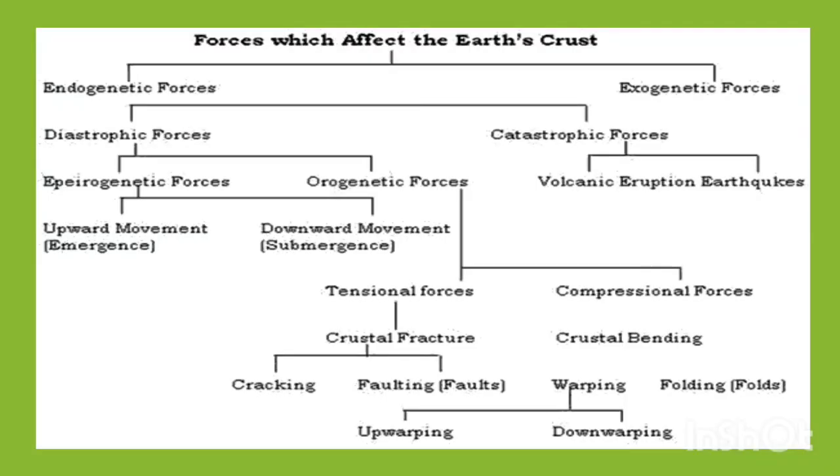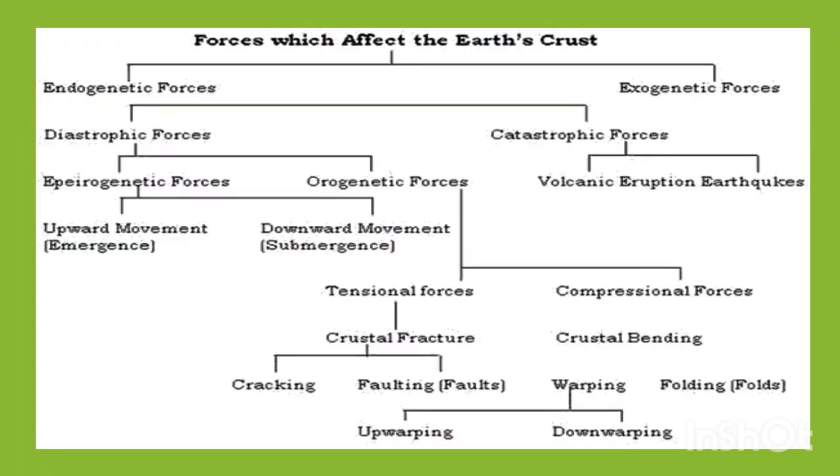Okay, and the forces that affect the earth's crust are your endogenetic forces and exogenetic forces. These endogenetic forces are further divided into two parts: diastrophic forces and catastrophic forces. Catastrophic forces are also called the sudden forces, and diastrophic forces are also called the slow movement forces.